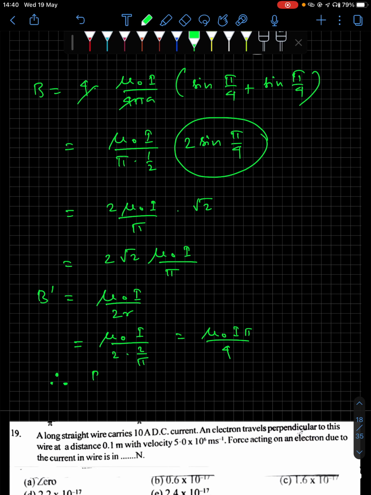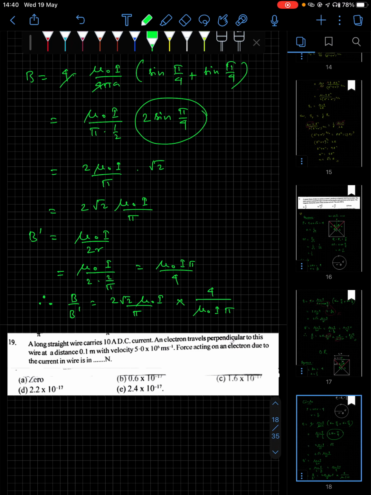Therefore B by B prime is equal to 2 root 2 mu naught I divided by pi into 4 divided by mu naught I pi.